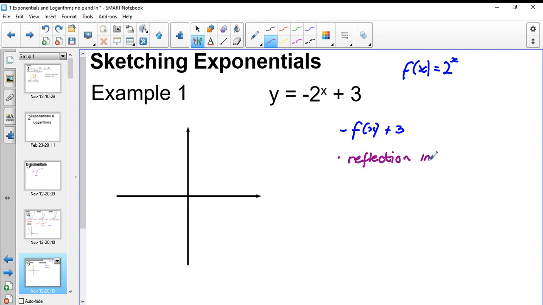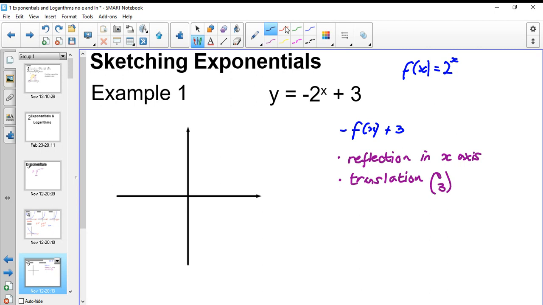So that's going to be in the x-axis. The second thing that will happen is that we've got this plus 3, also outside the function notation. So again, this is affecting the y coordinates. This is a translation. So if it's affecting the y coordinates, it's going to be a vertical translation. In this case, it's going to move up by 3.